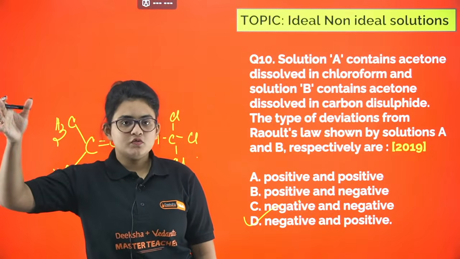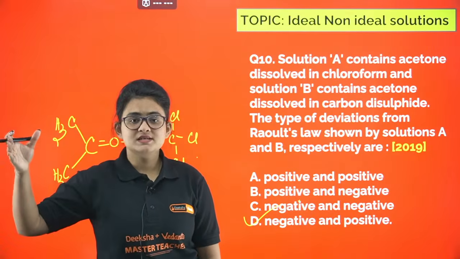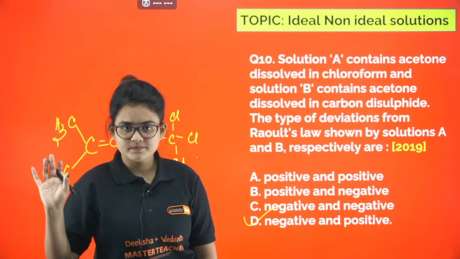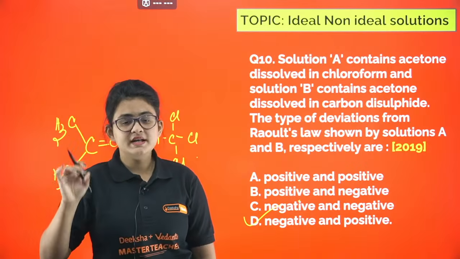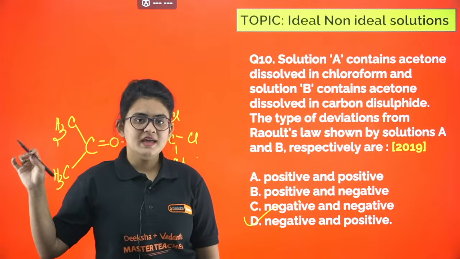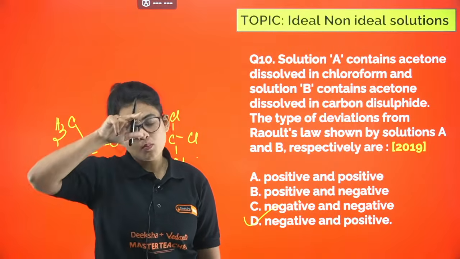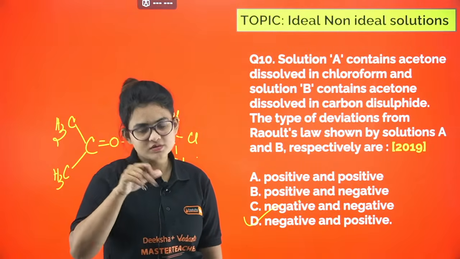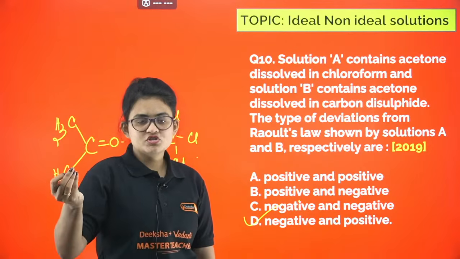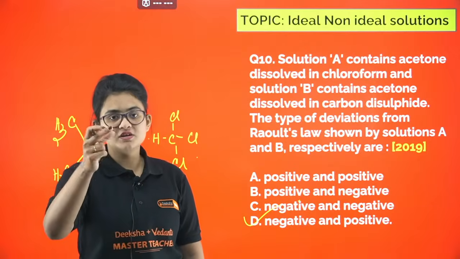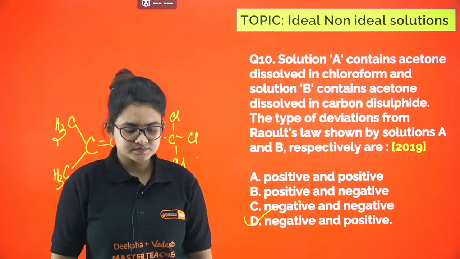In between two chloroform, an acetone molecule will be placed. As a result, they will form nice intermolecular hydrogen bonding. Because of this intermolecular hydrogen bonding, AB interaction, meaning chloroform and acetone interaction, becomes more than that of individual chloroform and acetone interaction. That is the condition for the negative deviation, my dear.